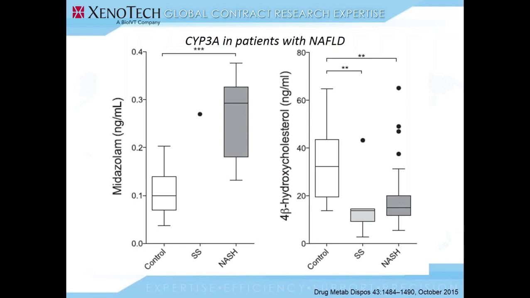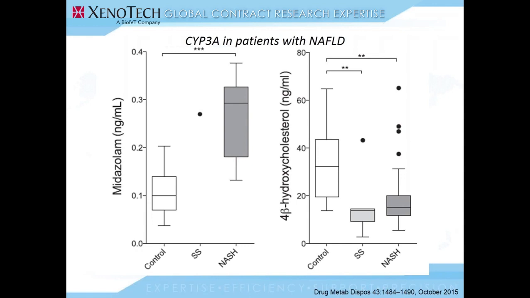This is in agreement with the finding that the endogenous marker for activity of CYP3A, specifically 4-beta-hydroxycholesterol, is also reduced in patients with NASH, who have a lower ability to produce this metabolite.